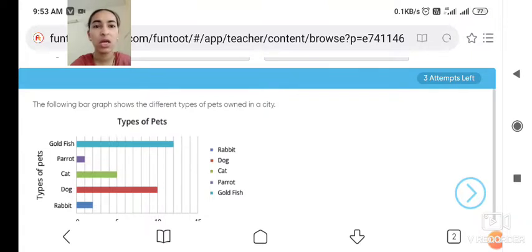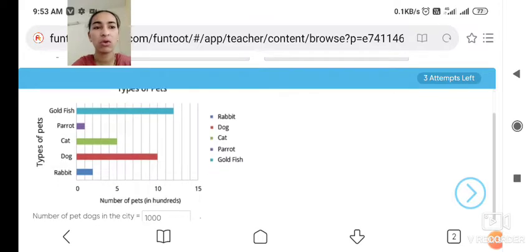Okay students, now how to read that bar graph? All the things are given on the bar graph itself. You can see the legend on the right hand side, which color indicates what. A red color indicates dog, it is written here and on the right hand side also. Now you can see the horizontal line.